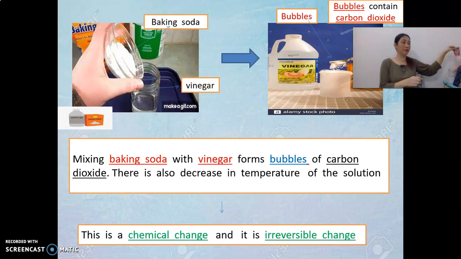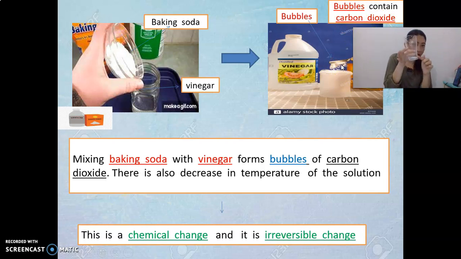When you mix baking soda with vinegar, we have bubbles.